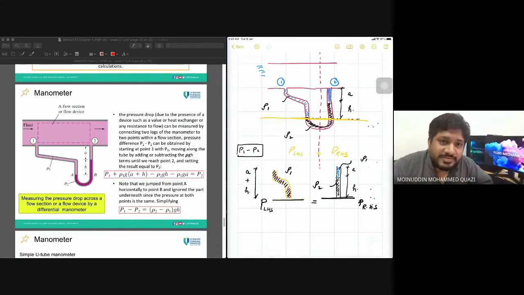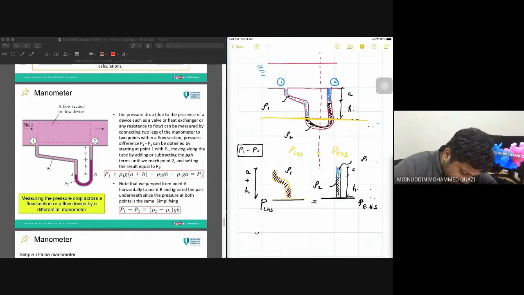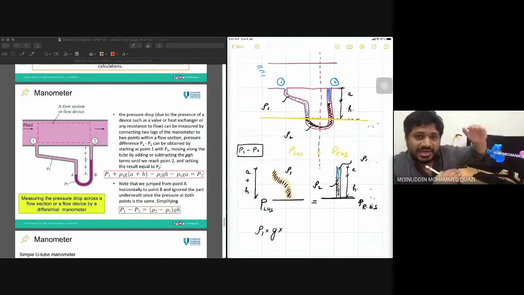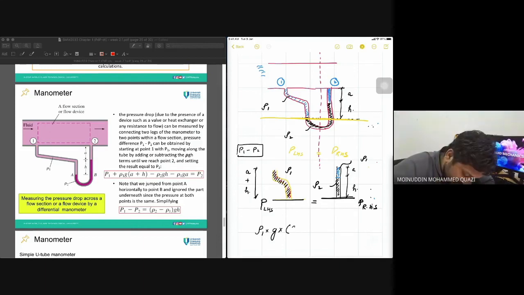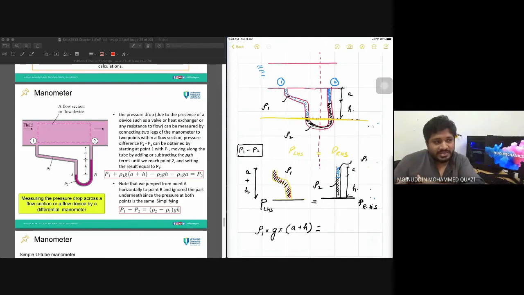So what is the pressure? Pressure is equal to rho g h. So on the left hand side, pressure is equal to density 1 multiplied by gravity, which is the same, multiplied by height. What is the height? The total height of this fluid, rho 1, is equal to A plus H. So I write here rho 1 g (A plus H). This is equal to the pressure at the right hand side. What is the pressure at the right hand side?